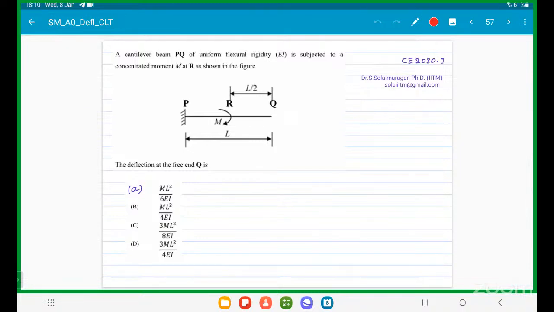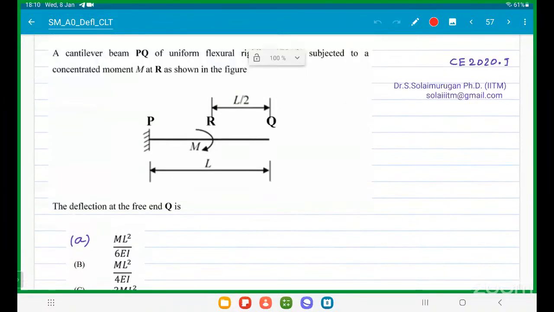Sir, very simple question, sir. They are asking the deflection at the free end. What is the load? There is a couple at the midspan, sir. Draw the bending moment.